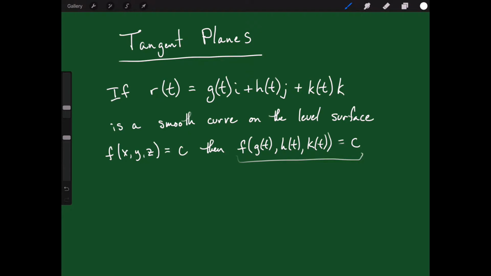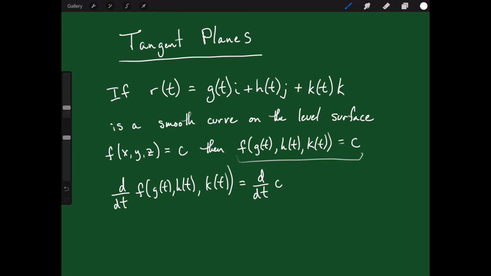On the one side, I'd just get the derivative of that function with respect to t, so d dt of f of g of t, h of t, k of t. And on the other side, I would get the derivative with respect to t of the constant c. On the left-hand side, I'm going to use the chain rule.